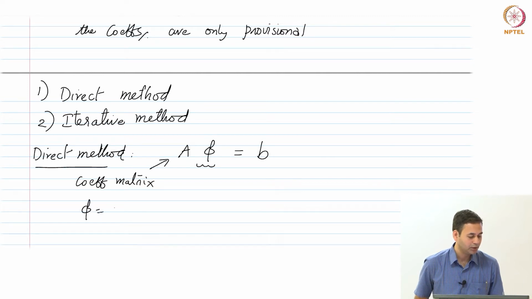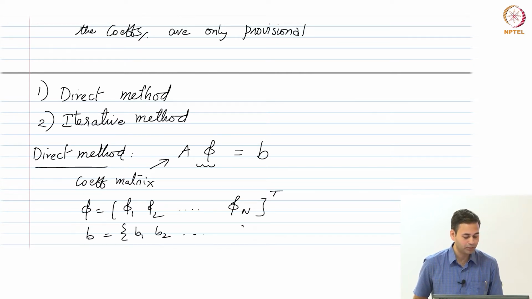So, phi is your phi 1, phi 2 and so on all the way to phi n. And B is a known right hand side vector, B1, B2 all the way to Bn, transpose, okay.